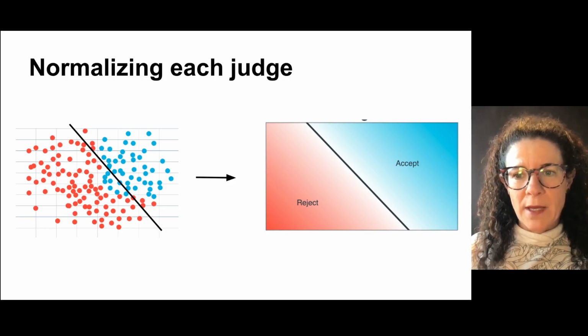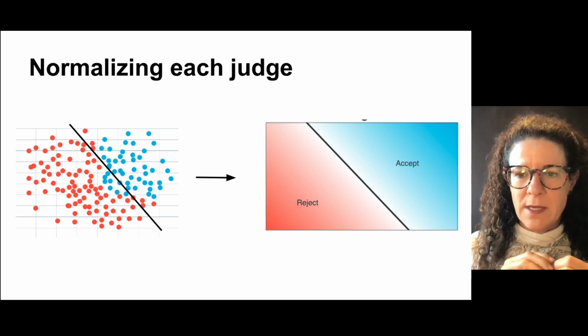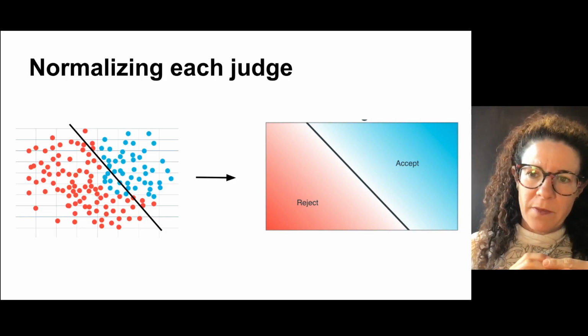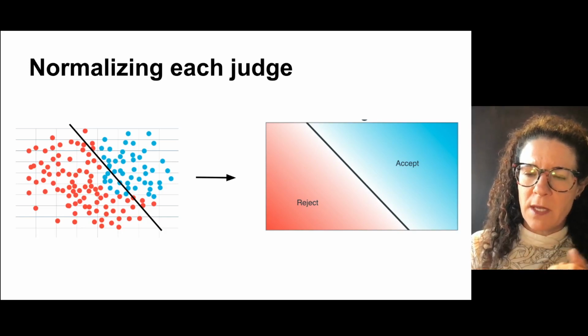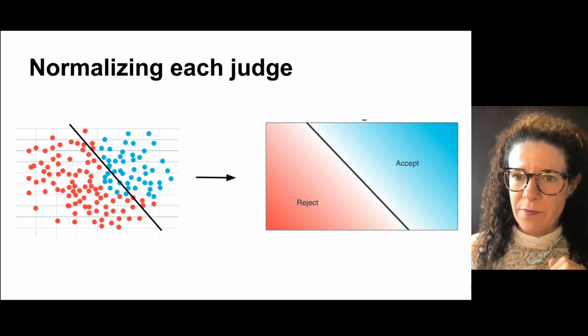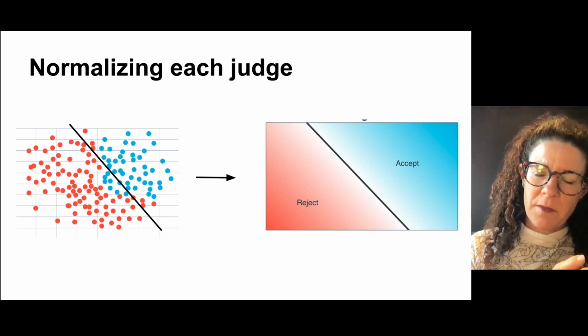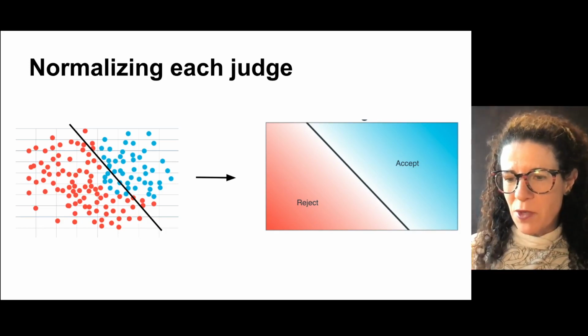Before we pass the score to the final judge, the president, basically, each of the scores from the judges needs to be normalized. So we take these decision boundaries and we turn them into, for example, probabilities. So we go from a linear boundary and normalize a score to go, for example, from 0 to 1.